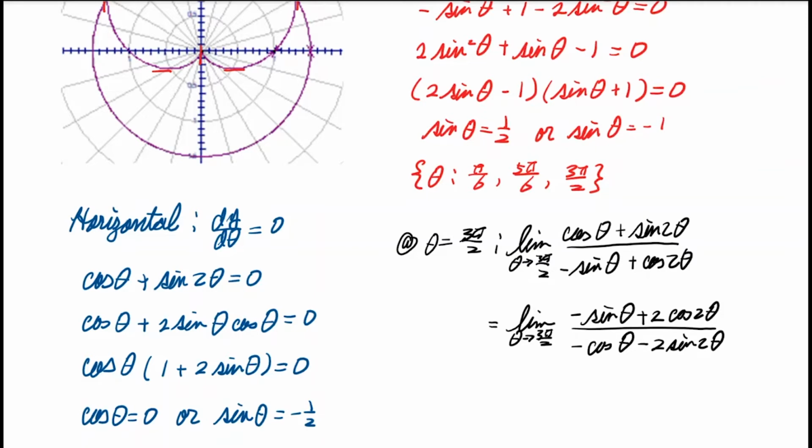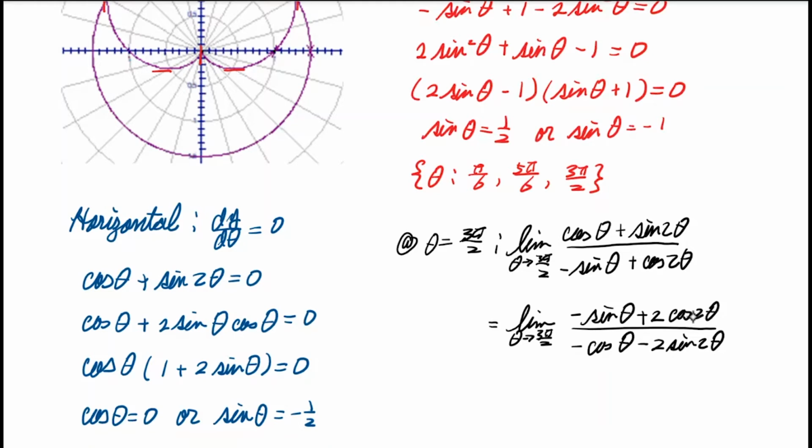Let's check. If we substitute 3 pi over 2, this becomes 3 pi over negative 1, so it becomes positive 1. Good. And this becomes cosine 2 pi, 3 pi, cosine 3 pi. So what does it become? Negative 1.